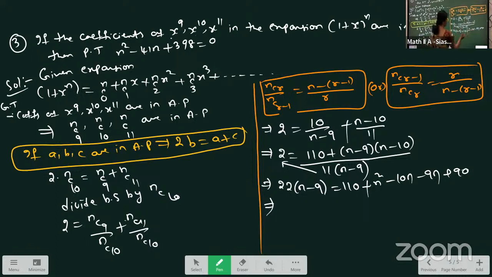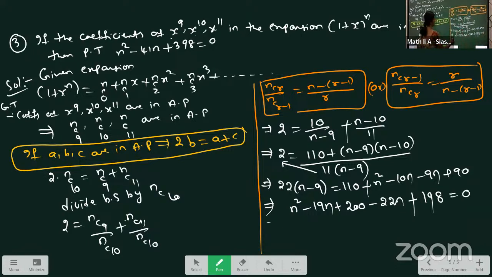In the right side, arrange in order: first N square minus 10N minus 9N, minus 19N, plus 110 plus 90, plus 200. If these two terms go to the other side, 22 into N minus 22N, minus 22 into minus 9 goes to the other side and becomes plus 22 into 9. 2 nines are 18, 2 nines are 18 plus 1, 19, 198 is equal to 0.